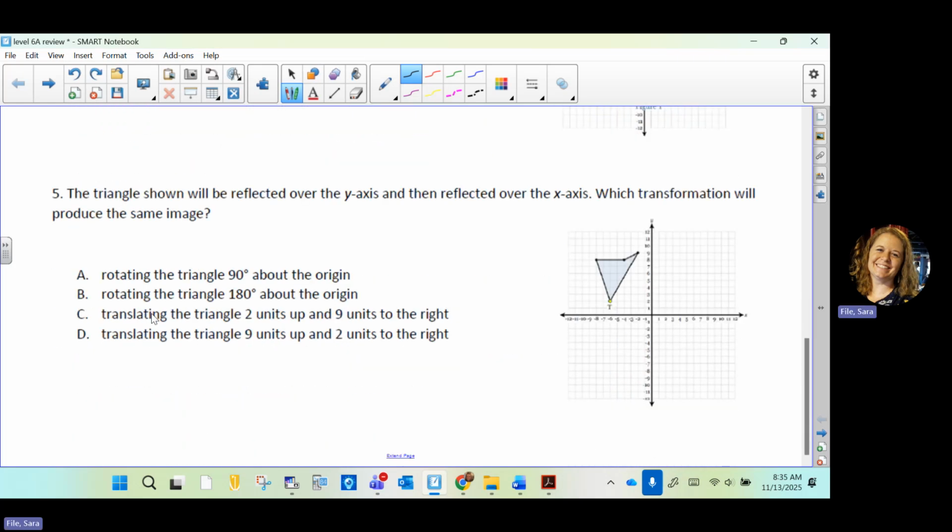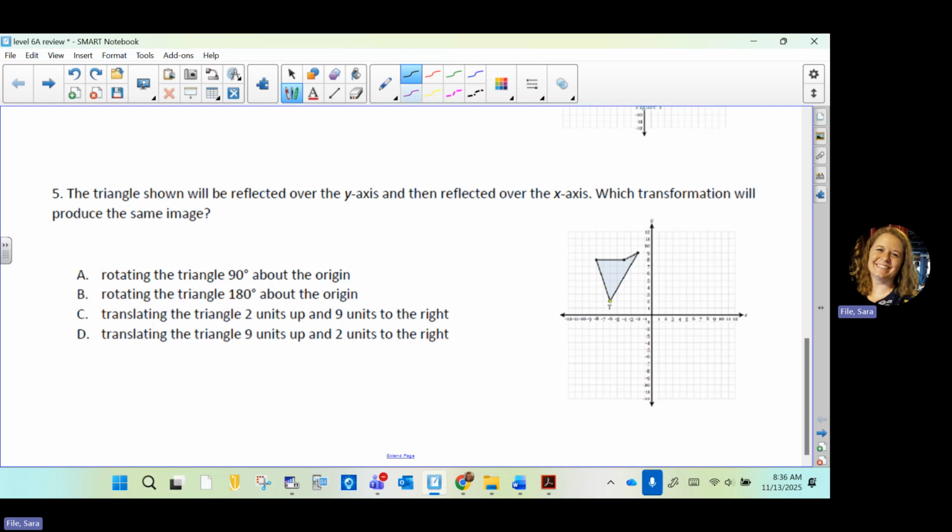All right, number 5 says the triangle shown will be reflected over the y and then reflected over the x. Which transformation will produce the same image? So you can check this graphically like we just did and do the reflections and actually look at the image, or you can use your rules. Pick one of your points.